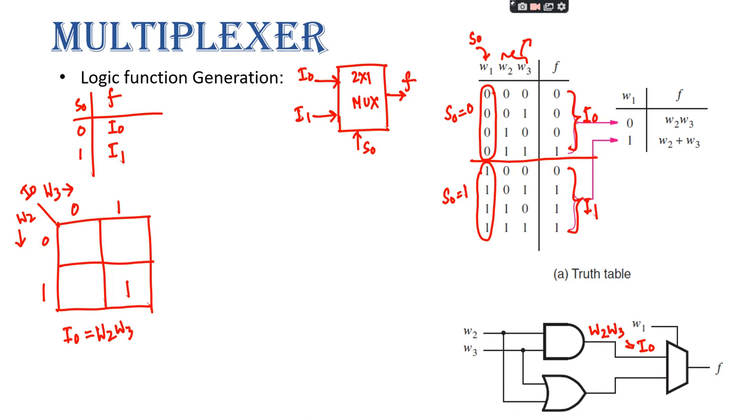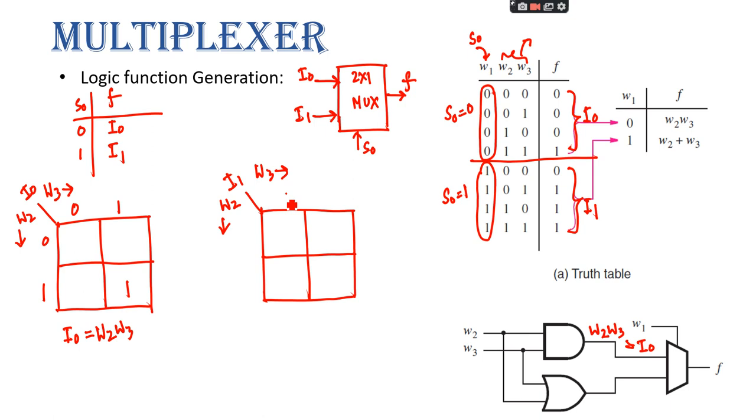And for my I1, again if we take W2 and W3, 0, 1, 0, 1, where should I put 1? Second, third, and fourth. So how can we combine them? These two together and these two together, right? Yes, sir.